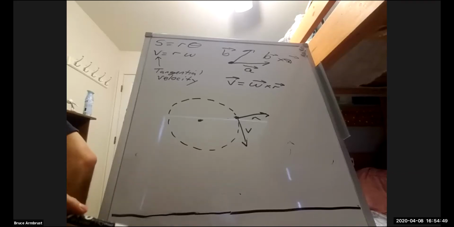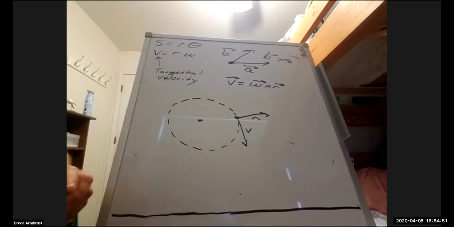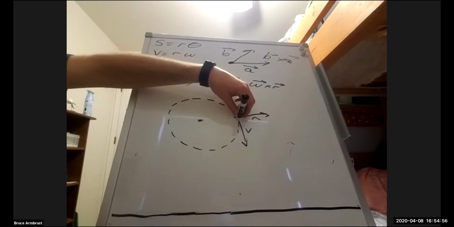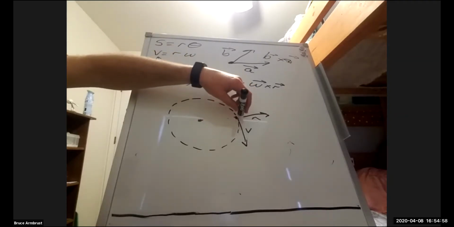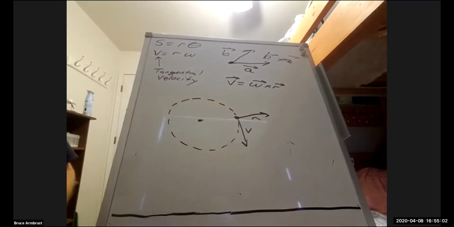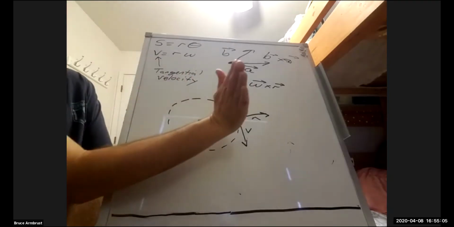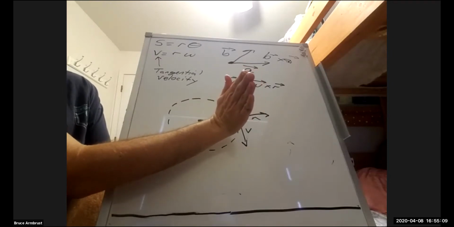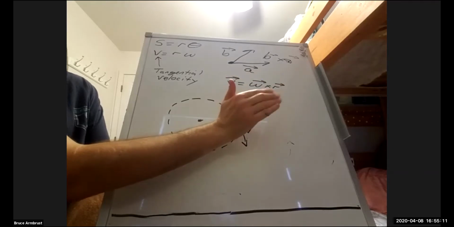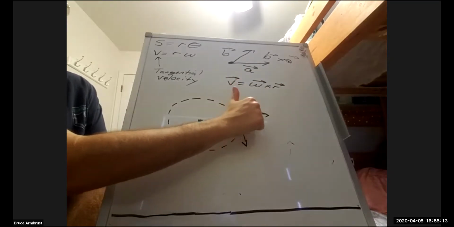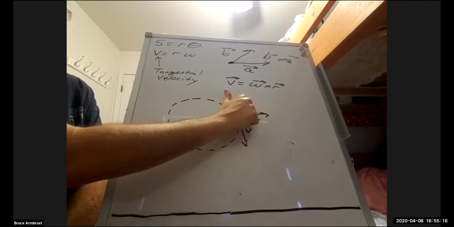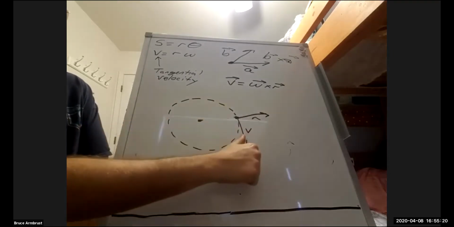All right, so let's think about our different options. I'm going to start with omega coming out of the board. So I'm going to do omega cross R. If it's coming out of the board, I need my palm like this, and I'm going to rotate towards R. Notice my thumb is pointing upward, but that's backwards.